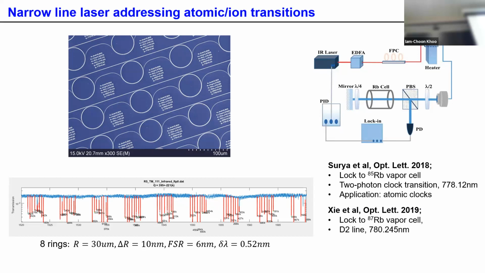You send in telecom wavelength light, which is cheap and easy, and you can generate narrow linewidth 780 nanometer light that can address the atomic transitions. These techniques are also now being applied to trapped ions and trapped atoms, to control and interrogate those very narrow transitions in the atomic system.